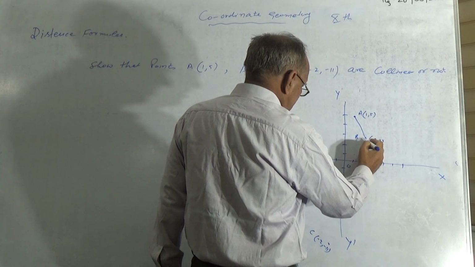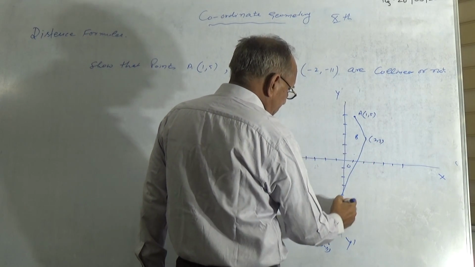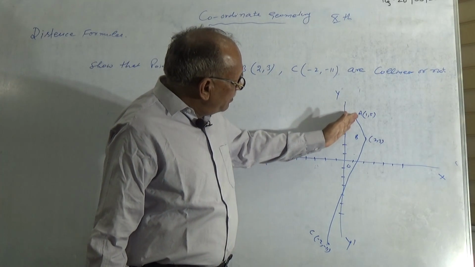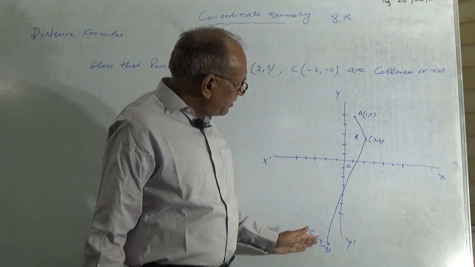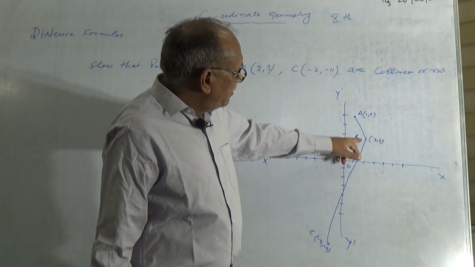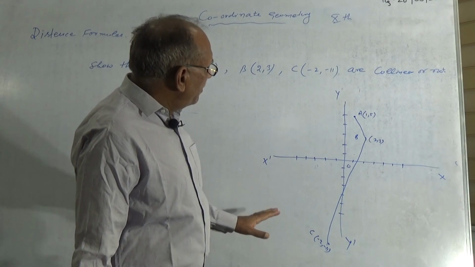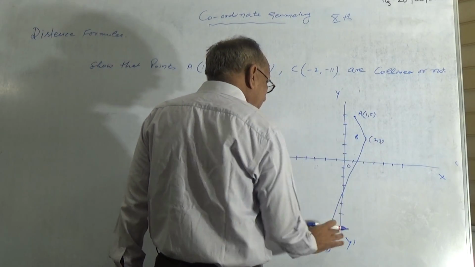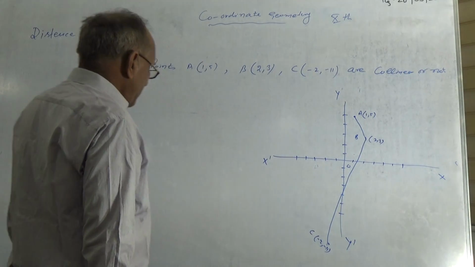If we join A, B and C, we see that these 3 points are not on a straight line. From here we can say these 3 points are not collinear points.